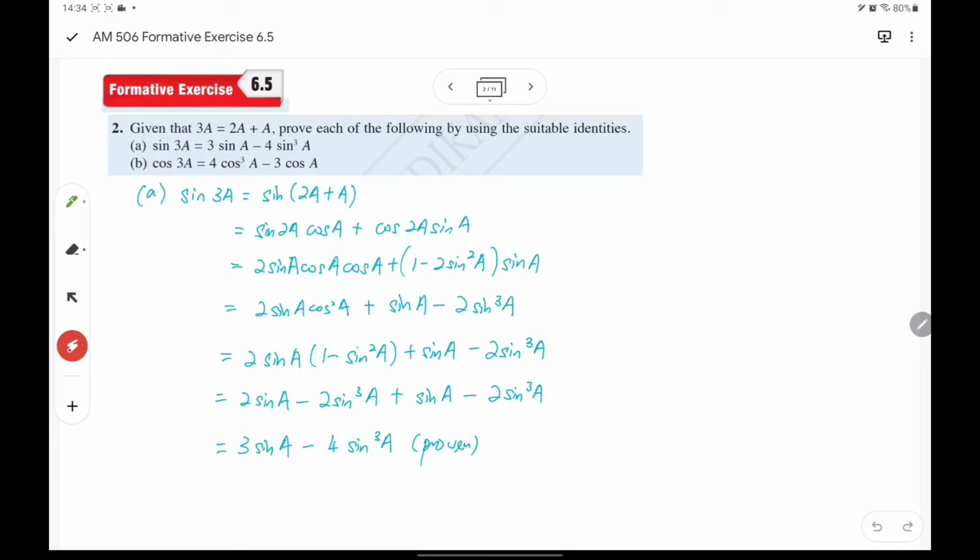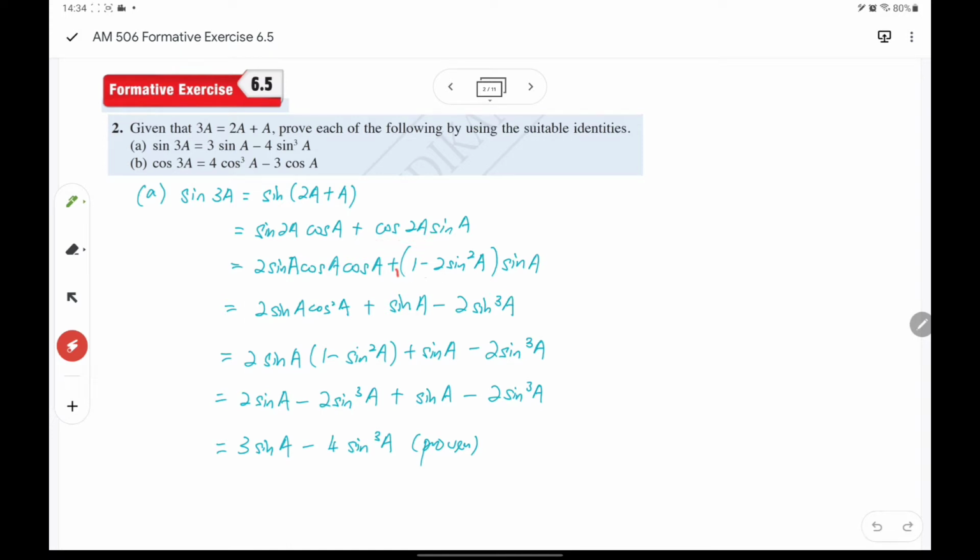2. Given that 3A equals 2A plus A, prove each of the following by using suitable identities. A. Sine 3A equals 3 sine A minus 4 sine cube of A. So we will break the 3A into 2A plus A. With the addition formula for sine, we have sine 2A cos A plus cos 2A sine A. And from the double angle of sine, we can expand sine 2A into 2 sine A cos A times cosine A plus the expansion of cos 2A.